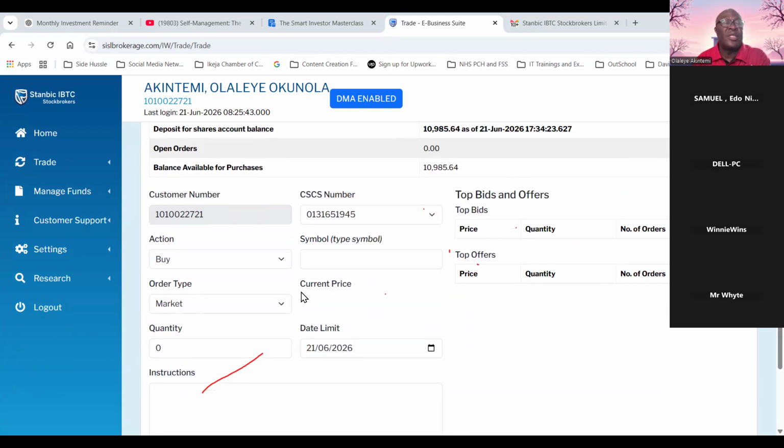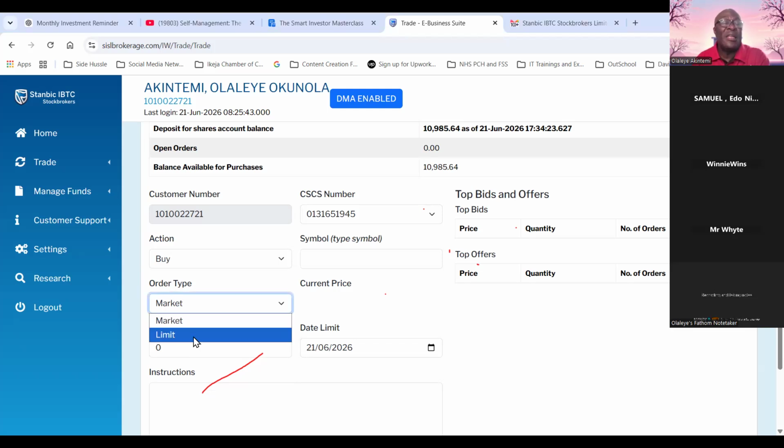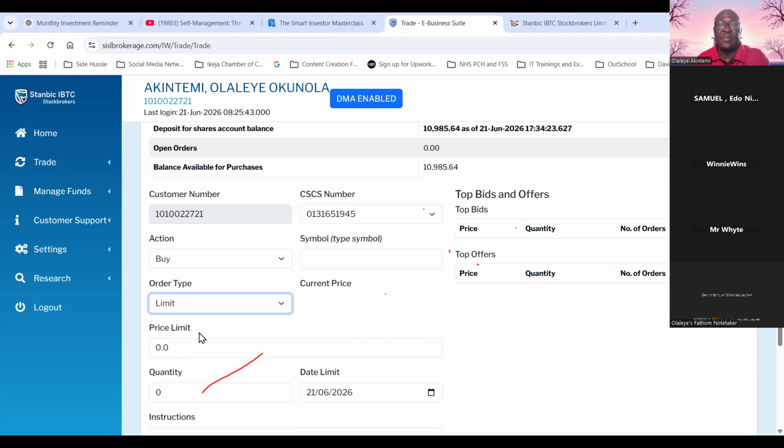Normally, when you come in to buy a stock, the default action is to buy using market order. Under the order type, you can see that it shows market. That is the default. But normally, you should click the down arrow and change it to limit.